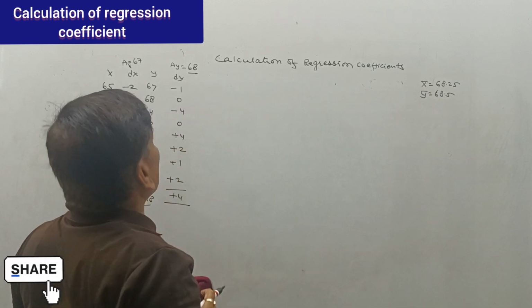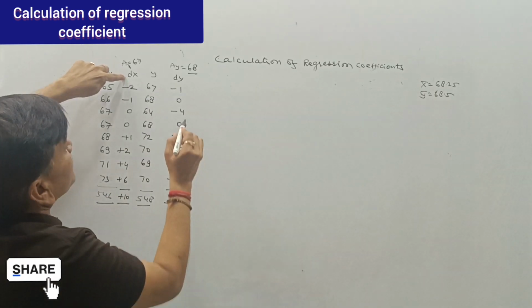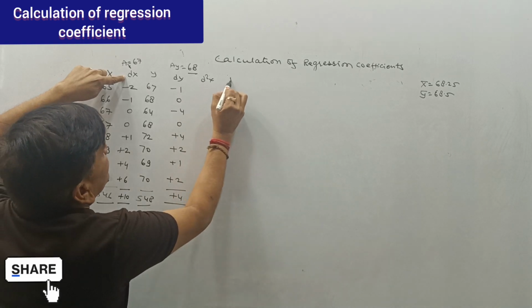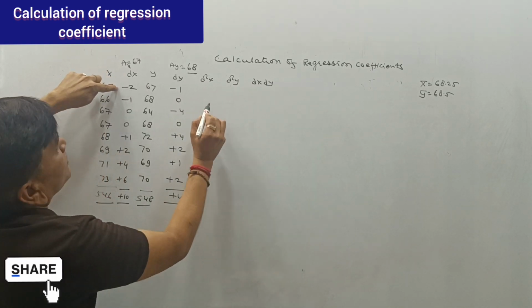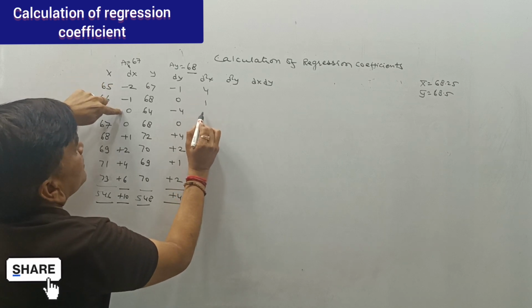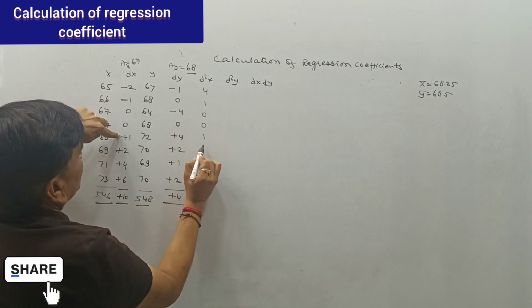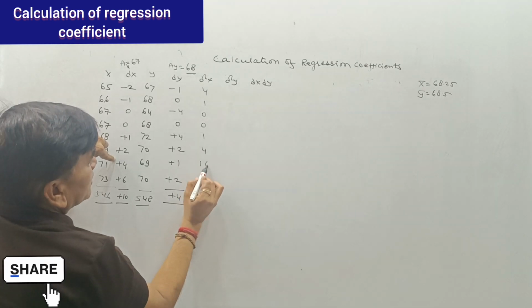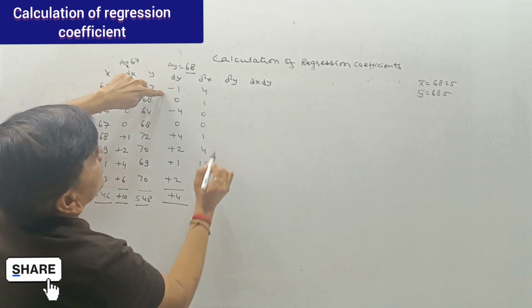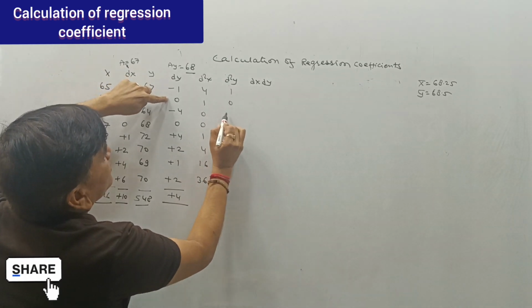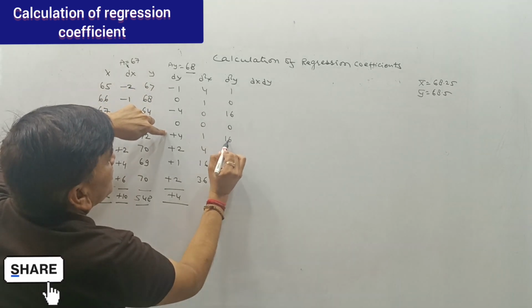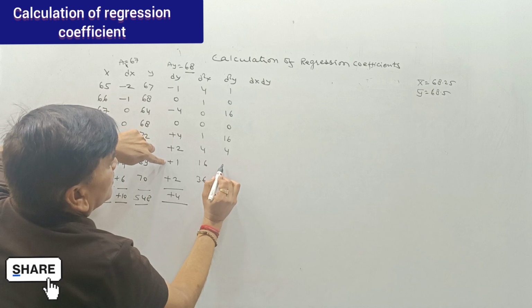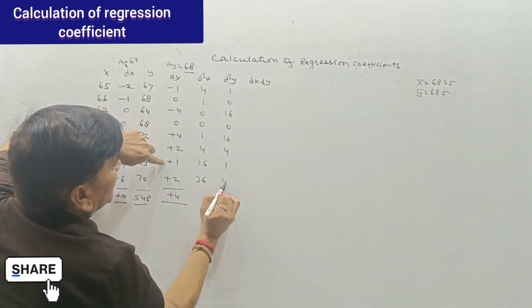Now we require d square x, d square y and dx dy. So d square x is 4, 1, 0, 0, 1, 4, 16, 36. d square y is 1, 0, 16, 0, 16, 4, 1 and 4.